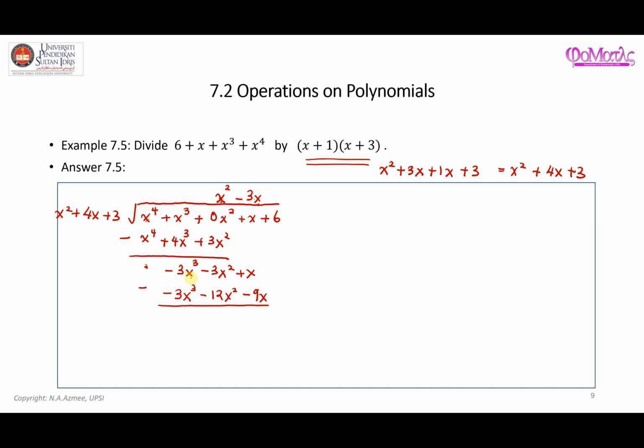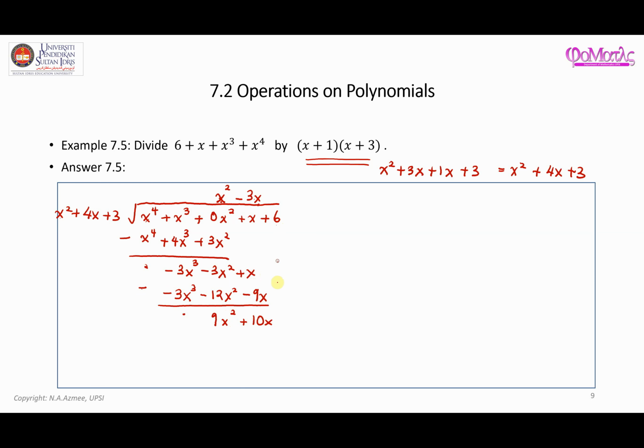So negative 3x cubed minus minus is positive, so this will be cancelled out. We are done with that. Negative 3x squared minus minus is positive. Negative 3 plus 12, so that would be 9x squared. Next, positive 9, so negative negative is positive 9, so positive 1 plus positive 9 will be positive 10x.